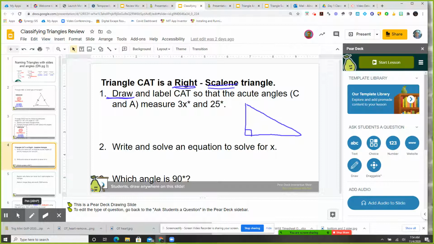It's scalene, so all three sides are different. Label it CAT so that the acute angles are C and A. So I've got an angle of C and an angle of A. That means the right angle has to be T, okay? Because it says the acute angles C and A measure 3x and 25.